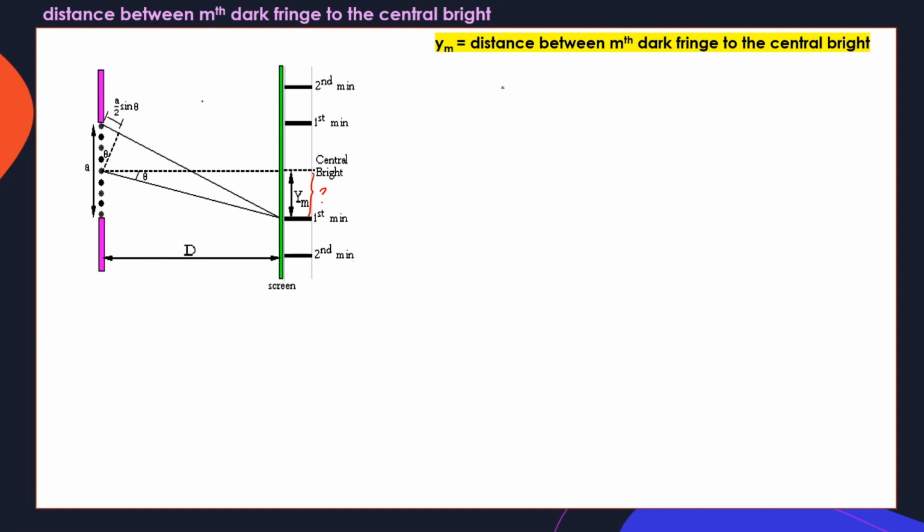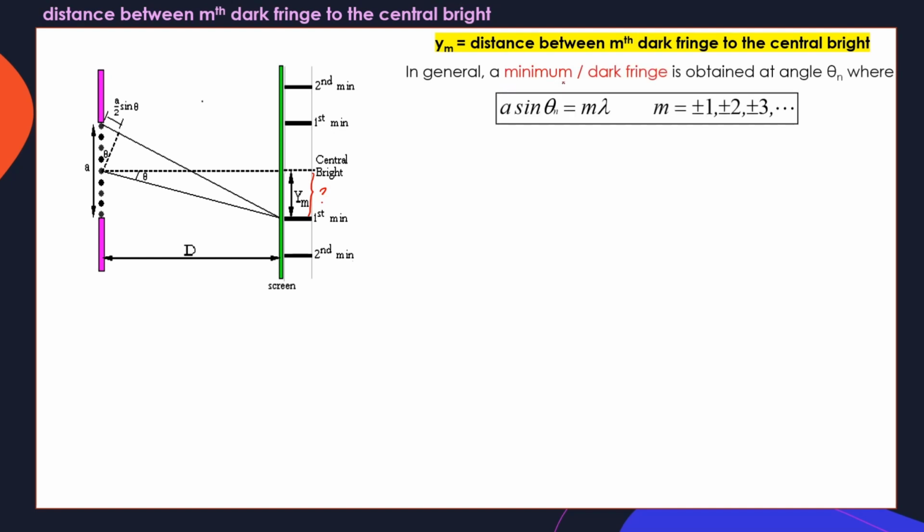Since we know that in general a minimum, or the dark fringe, is obtained at an angle of theta, this is the equation that we have discussed just now, where m is the number of order: positive and negative 1, positive and negative 2, positive and negative 3. Why do we have positive and negative order numbers?